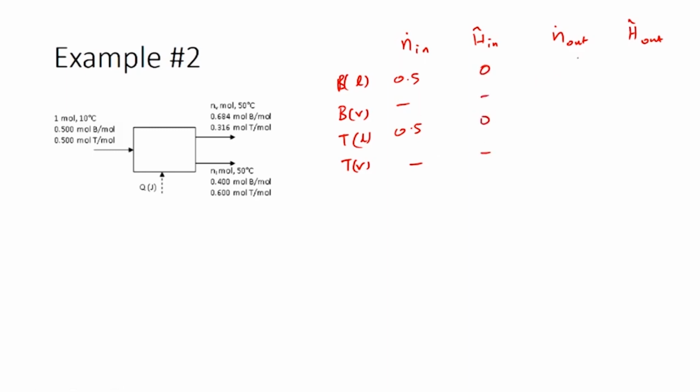You have 0.259 moles of benzene liquid leaving the system and 0.241 moles of benzene vapor leaving the system. Toluene liquid is leaving the system as 0.389 moles and toluene vapor is 0.111 moles leaving the system.